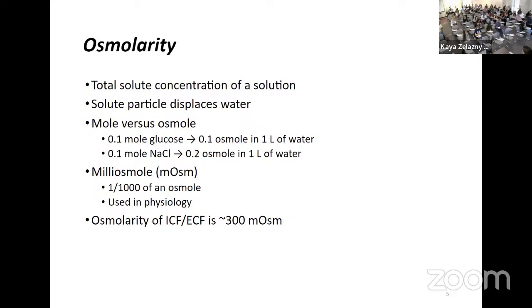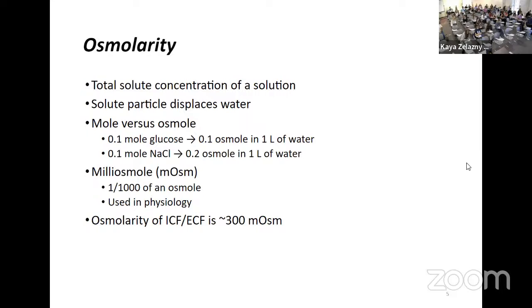So we're remembering that the solute displaces water, so we need space for the solute and we need space for the water. So when we're thinking about osmolarity, we want to know about everything dissolved in that water, not just one specific ion, not just one type of sugar.